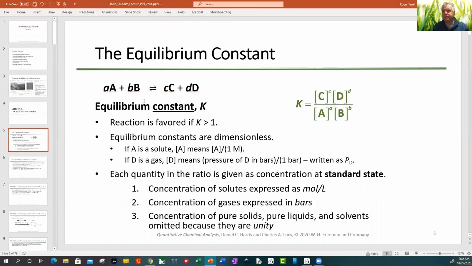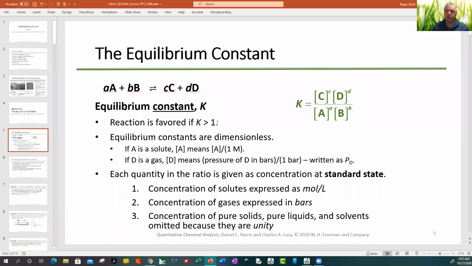And you'll see in a moment why, because it's tied to the free energy, to the thermodynamics of the reaction. One thing we say is that the reaction is favored if K is greater than 1, which means it favors product over reactants.